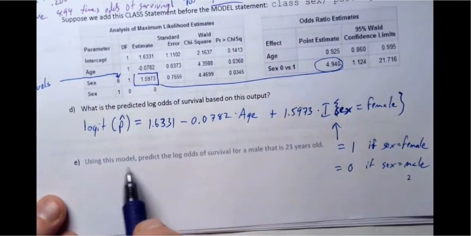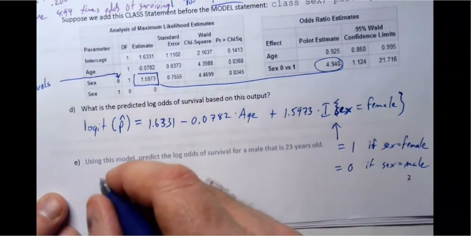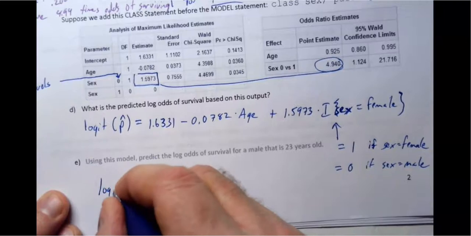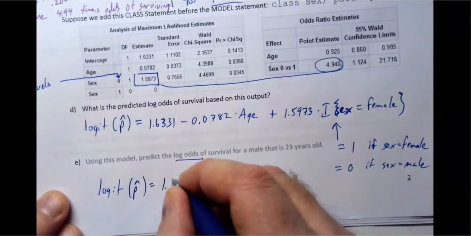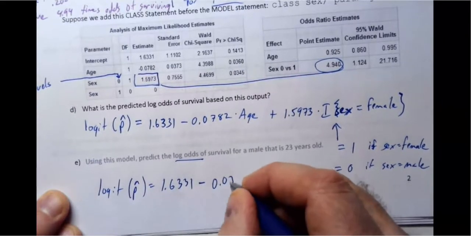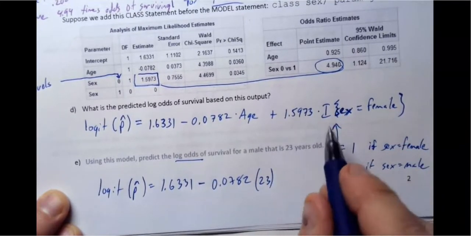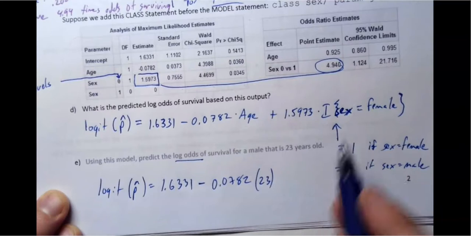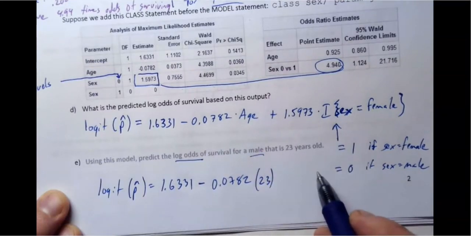And so now I use this model to predict the log odds of survival for a male that is 23 years old. So log odds again, logit p hat equals 1.6331 minus 0.0782 times 23. Now, this indicator is for females, so this is all we have to write for a male that's 23 years old.